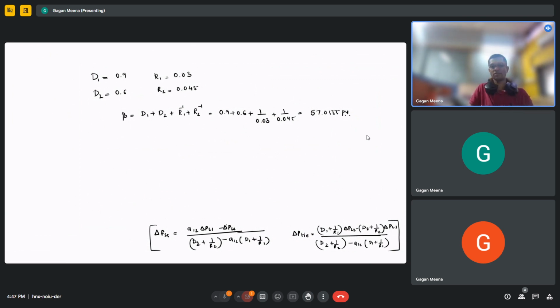Yes, we are using this formula only, and A12 is equal to minus 1 because both the system ratings are the same.